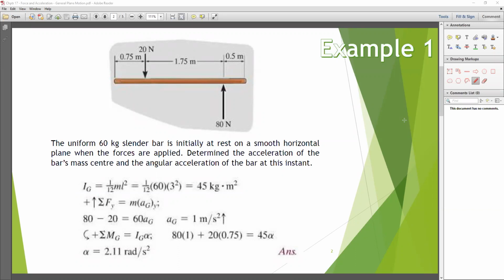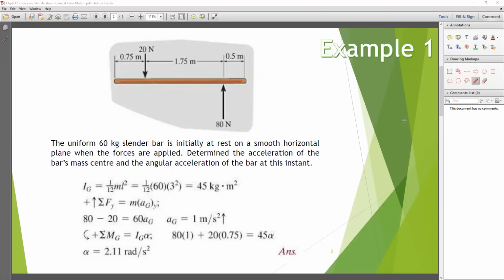Here we need to determine the acceleration of the bar mass center, normally referred to as point G, and also the angular acceleration of the bar at this instant, so the alpha for this particular bar.